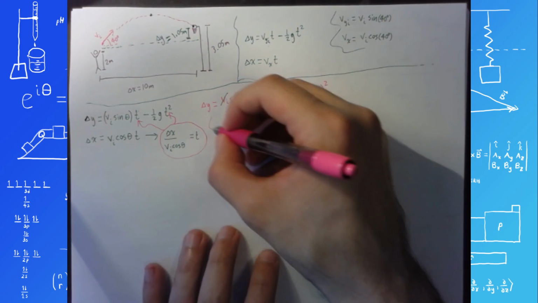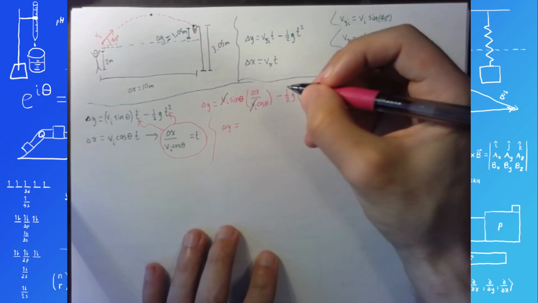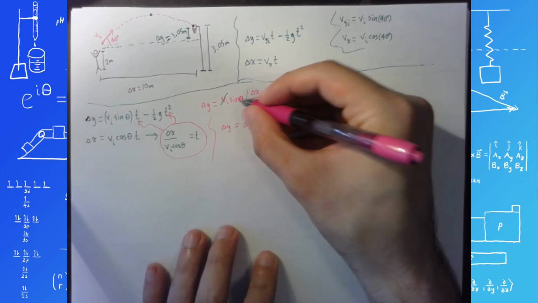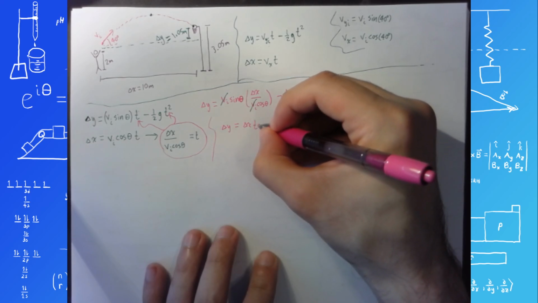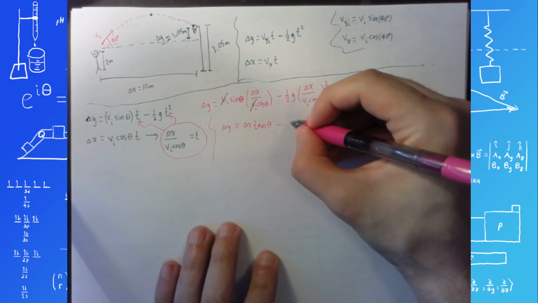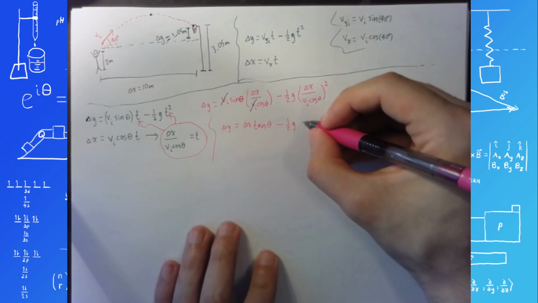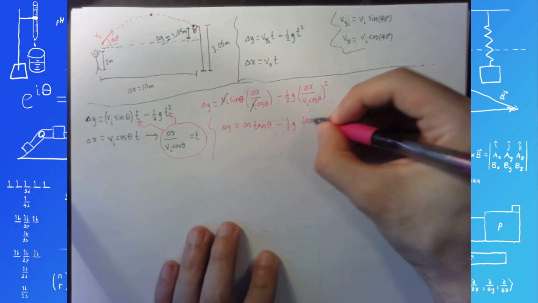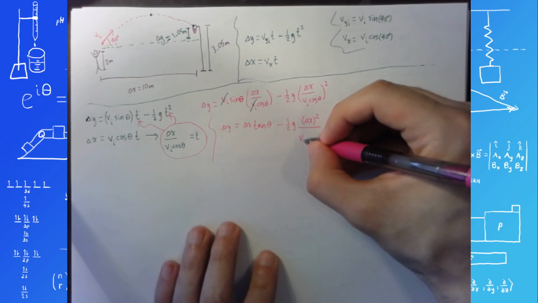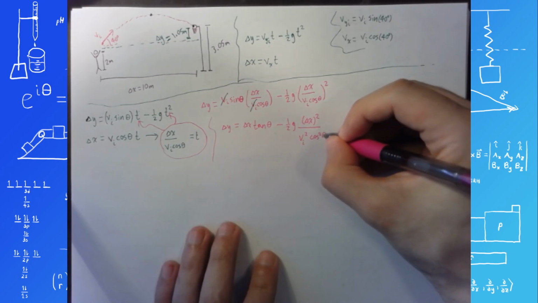So we've got delta y is equal to, I'm going to write the delta x first, so delta x, and then sine theta over cosine theta is tan theta, and then minus 1/2 g. I'm going to have delta x squared over the denominator squared, which is v initial squared, and then cosine squared of theta.